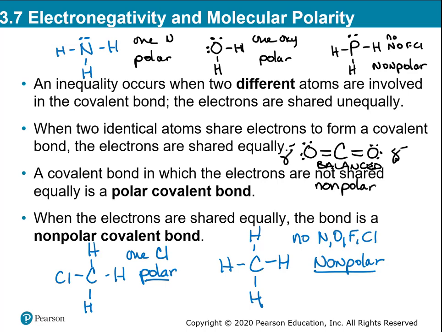So the only time a molecule is nonpolar with N, O, F, or Cl is when they have to have equal numbers of them in the molecule. It's like CO2. Same thing if I took this and put 4 chlorines on my CH4. I swap those hydrogens. Remember we said chlorines are electronegative. But do you see that when I put it like this, the chlorines are evenly spread around?